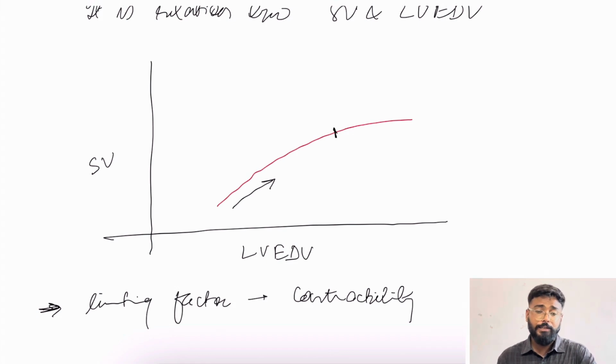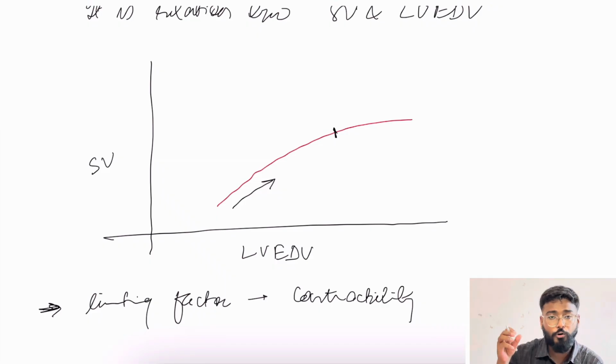So in physiological limits you will see this kind of graph, but when we administer positive inotropes, they are going to increase the intracytoplasmic calcium, which in turn is going to increase the contractility and the heart rate.